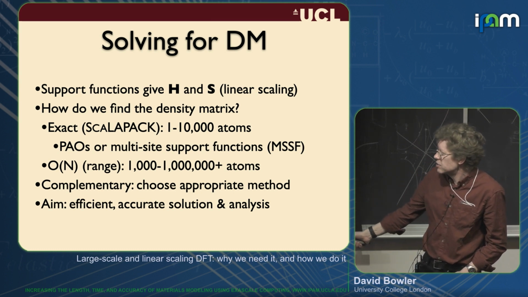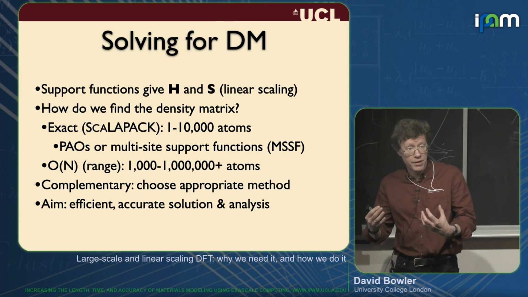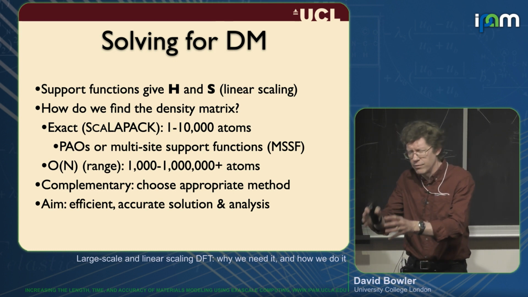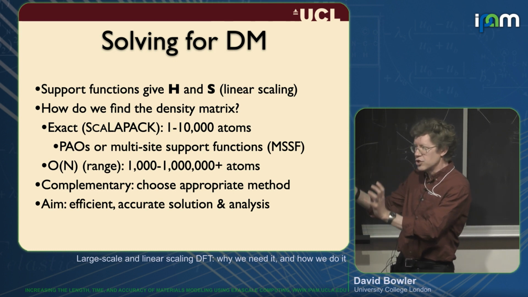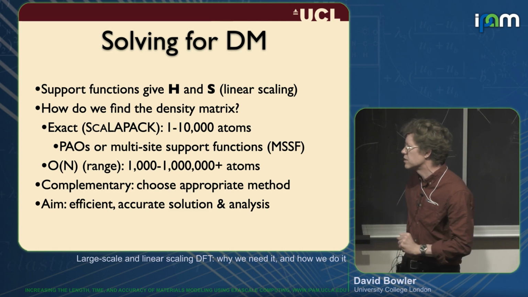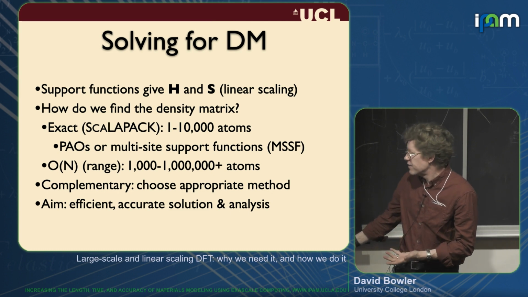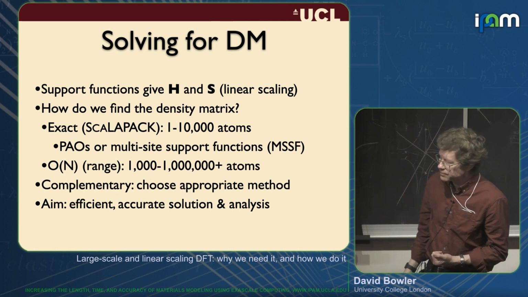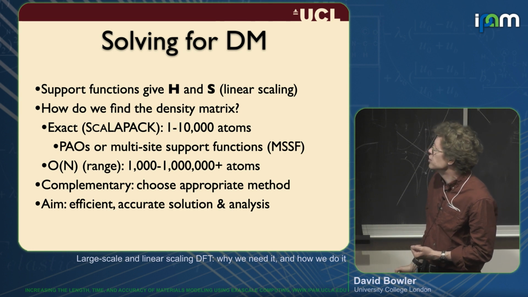And the nice thing is that this is complementary, so you can choose the appropriate method. You've got the same basis functions, you've got the same Hamiltonian, you've got the same everything. It's just how you're getting to the ground state that changes. And we want to have efficient, accurate solutions for any system size on any machine that we run on.